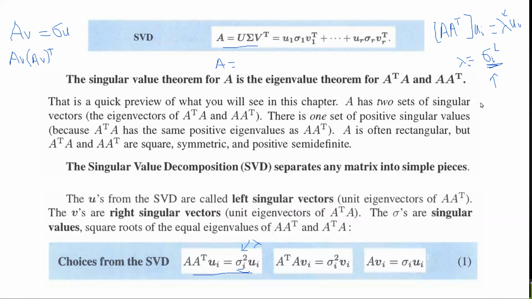And so we see that these singular values are the square roots of the eigenvalues. This is the take home point. This is what we call the singular values.